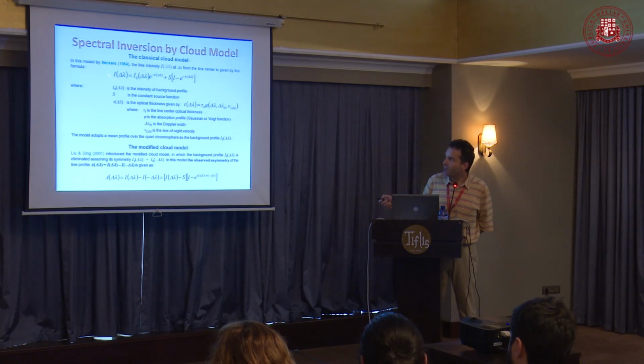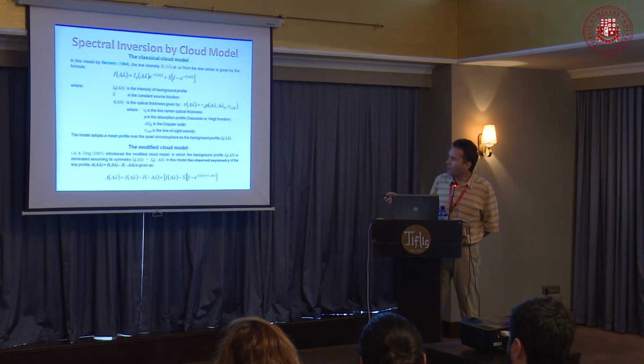So very quickly, what you see on the left is our observable, which is the intensity within the line profile, and on the right is a multiplication of the background profile, and the observed intensity is represented through the constant source function and optical thickness, which can be represented through line center optical thickness multiplied by an absorption profile, which is dependent on the line width and the line of sight velocity.